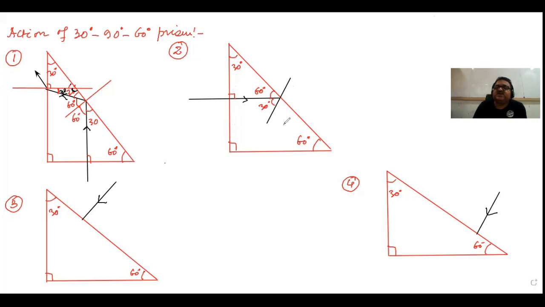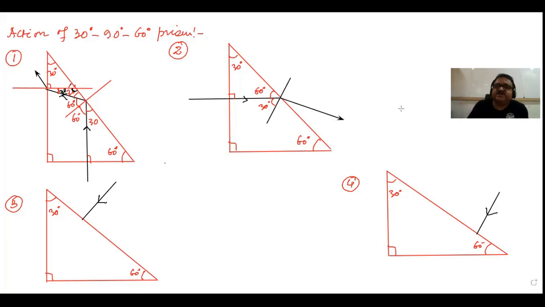Is it more than the critical angle or less than the critical angle? It is less than the critical angle, so the light ray will get refracted. And since it is moving from denser to rarer, it will move away from the normal. So this will be the path. Okay, let me draw it by black line. This will be the path. Is it clear?